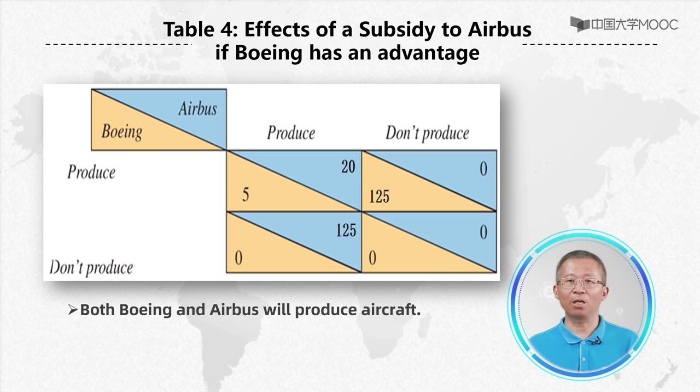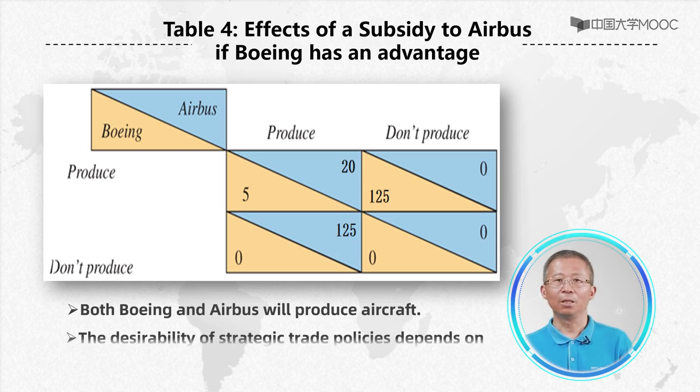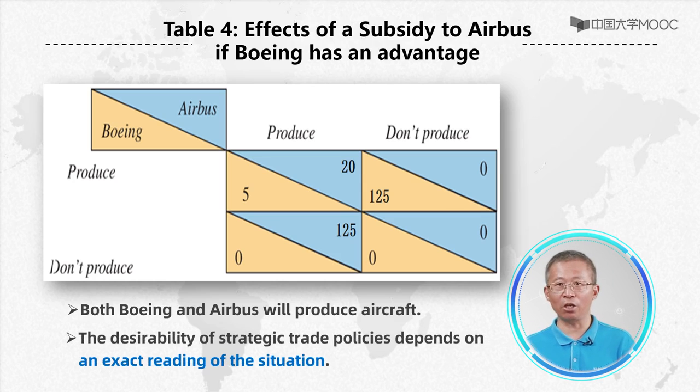We can see that because of Boeing's underlying advantage, the subsidy will not act as a deterrent to Boeing. And the profit of Airbus will fall short of the subsidy's value. In short, the policy will turn out to have been a costly mistake. So the desirability of strategic trade policies depends on an exact reading of the situation.